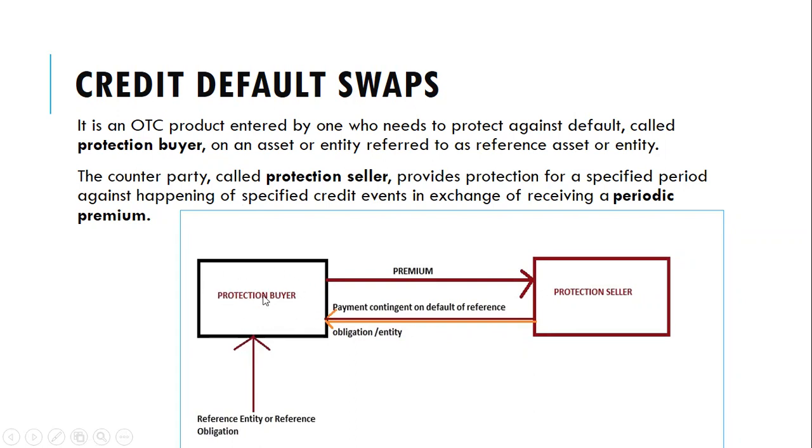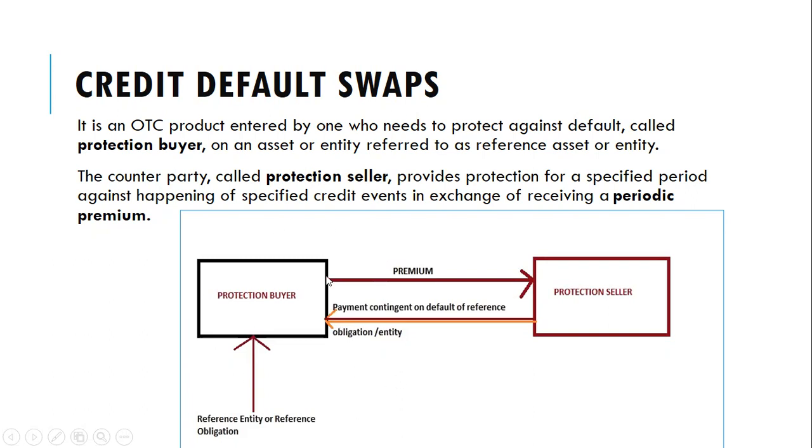Once we have the protection buyer, in insurance also, we pay some premium amount to the insurance companies, which are nothing but the companies which sell these products. So the protection buyer pays the premium to the protection seller. In return, if the risk actually occurs, if the event actually occurs, the protection seller should make the appropriate payments on the event day.